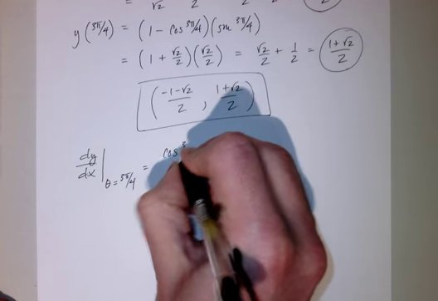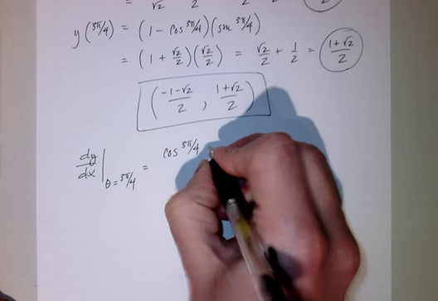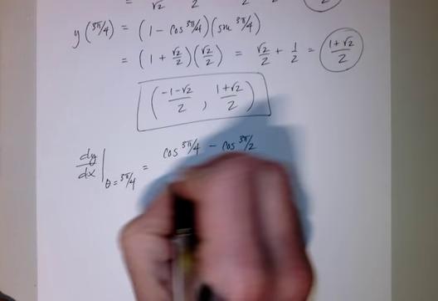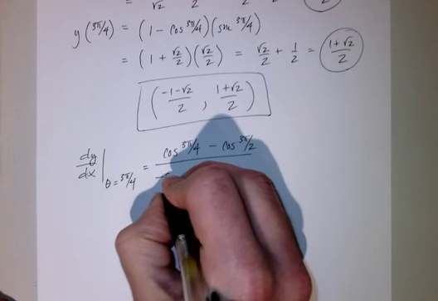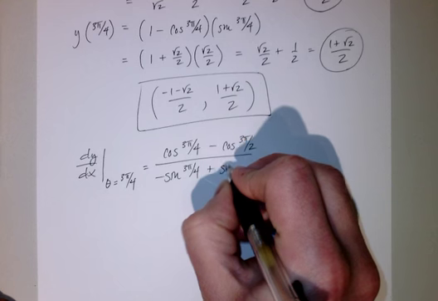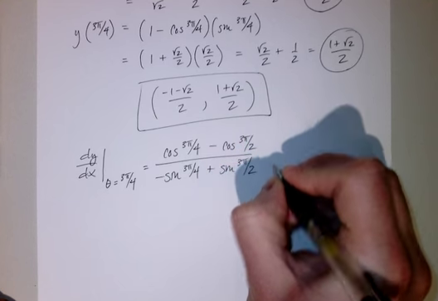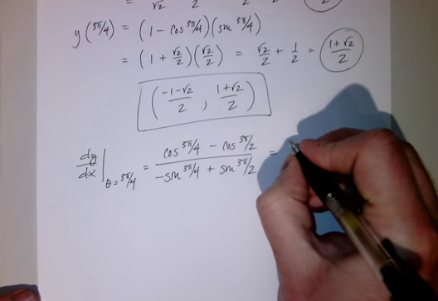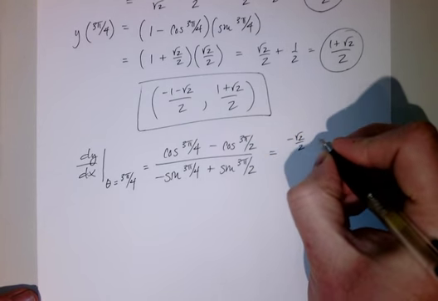So cosine 3 pi over 4 minus cosine of 2 theta, so that makes this 3 pi over 2, over negative sine 3 pi over 4 plus sine 3 pi over 2. Well, cosine of 3 pi over 4, we've already figured that out. That's negative root 2 over 2.